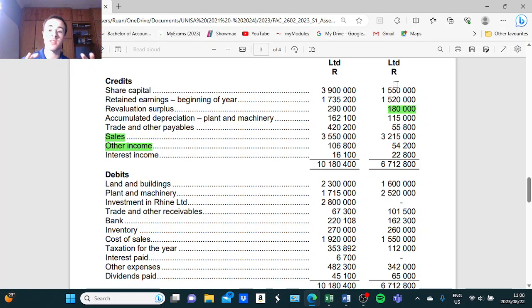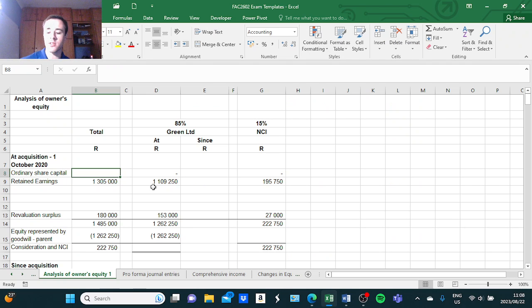For the purposes of FAC2602, we will assume that the share capital balance for the subsidiary at year end, which is given in the trial balance, was also the balance at acquisition. So the balance at acquisition for share capital is 1,550,000, again split between the parent and non-controlling interests.